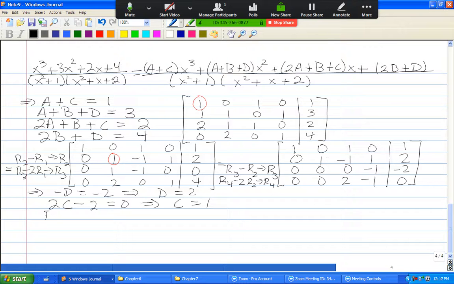And then I have B minus C plus D equals 2. And so B is equal to 1. And I have A plus no B plus C is equal to 1. So A is 0.